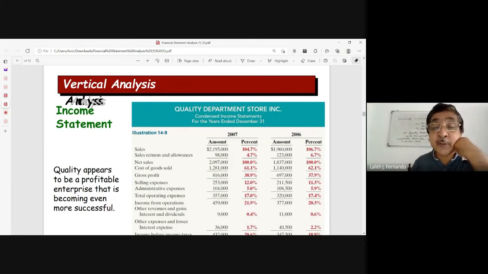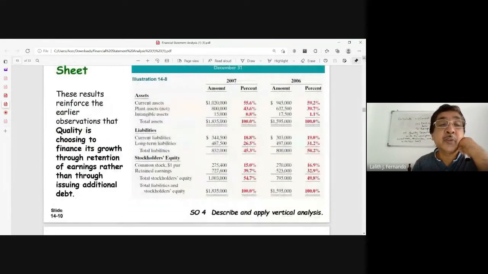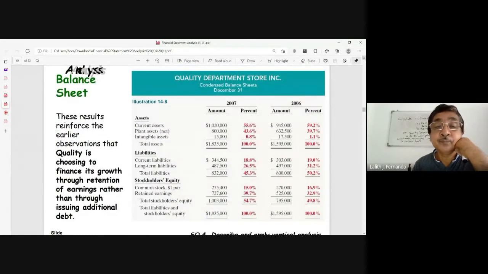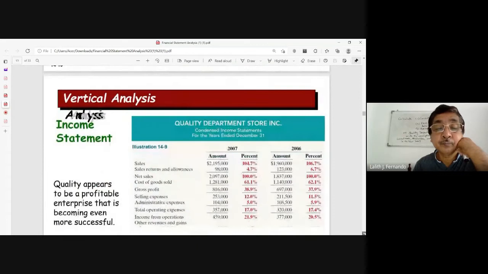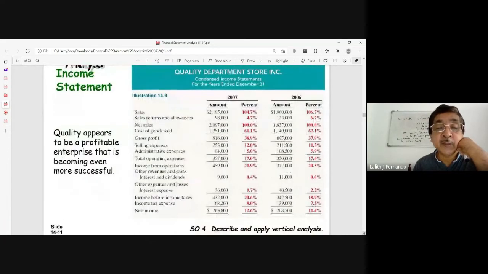Year 2007, right? So I will keep the figures here. Is it okay to keep these things this way? Right.